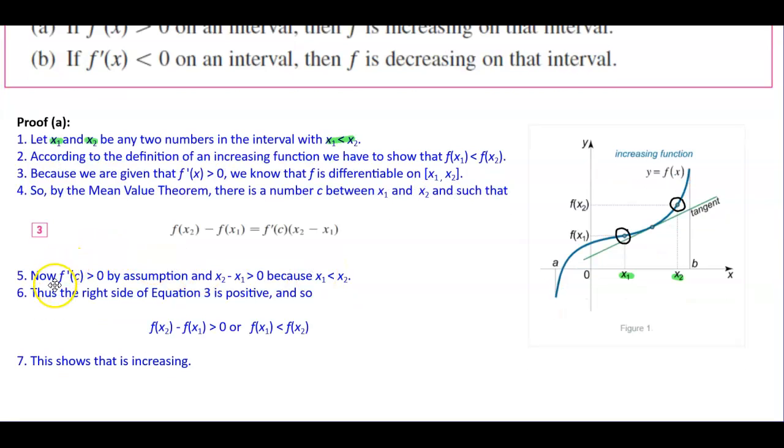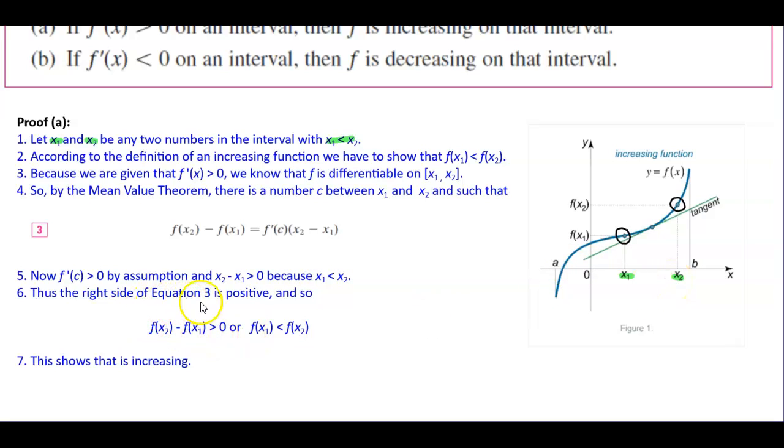Now f prime of c is greater than 0 by assumption, and x2 minus x1 is a positive value, greater than 0, because x1 is less than x2.